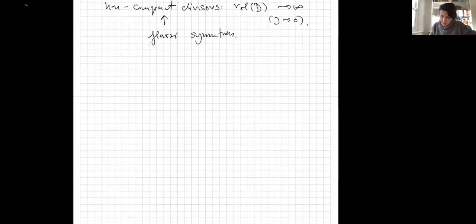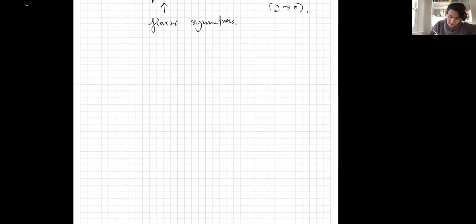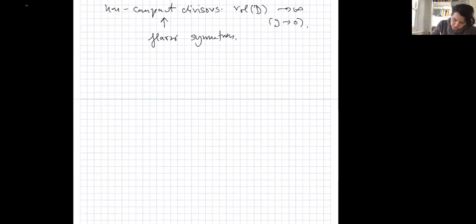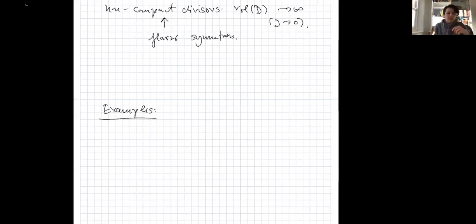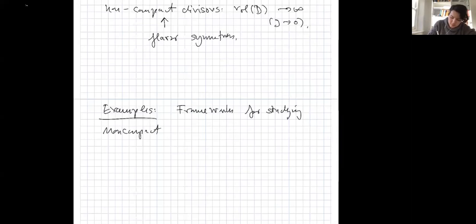Okay, so let's see what kind of examples we could consider. And here the question becomes, what sort of geometry do you know and are you familiar with? There are many frameworks for studying non-compact Calabi-Yau threefolds with canonical singularities.